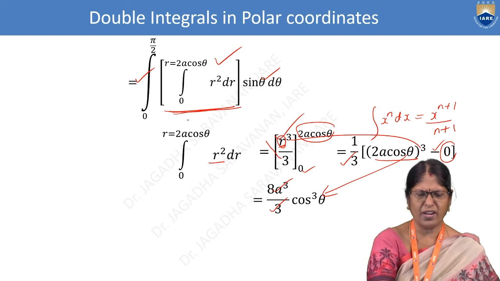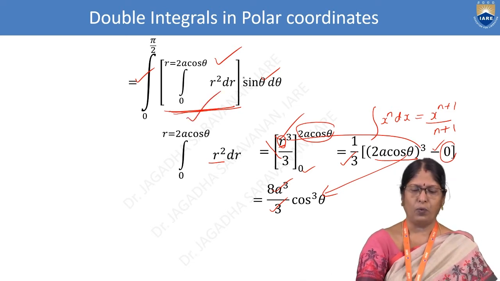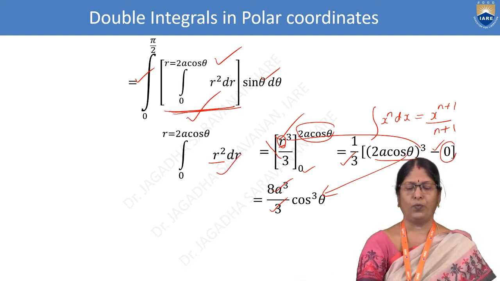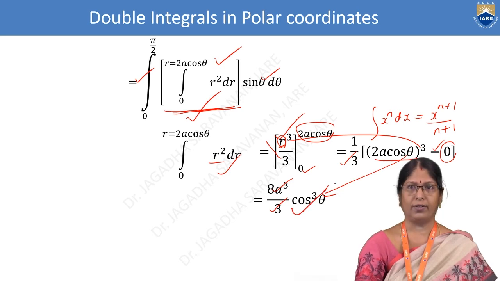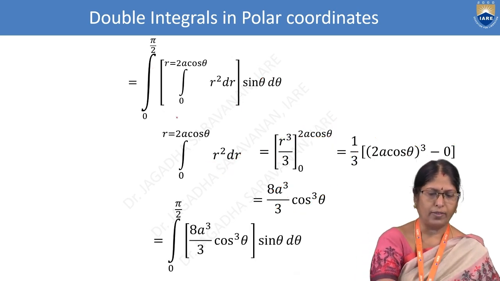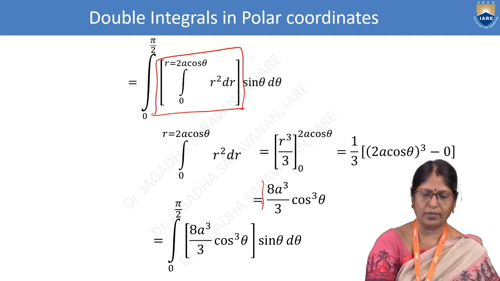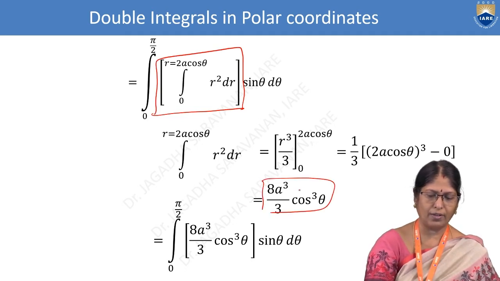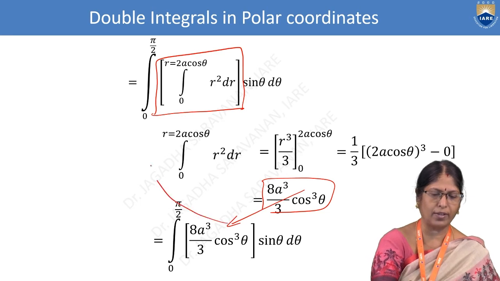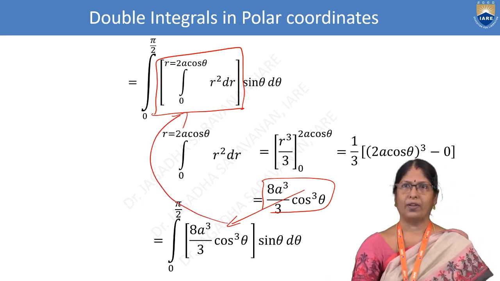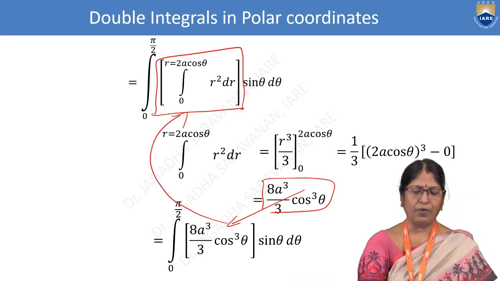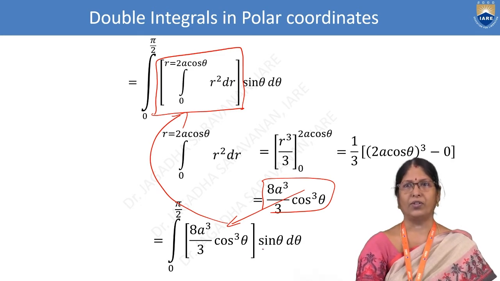So the interior integral, we integrated, and we got this result. This particular place, we substituted this result. This is the connectivity. Now we will do this integral.